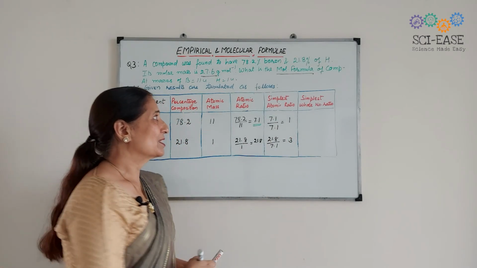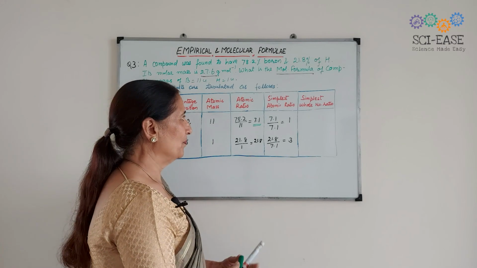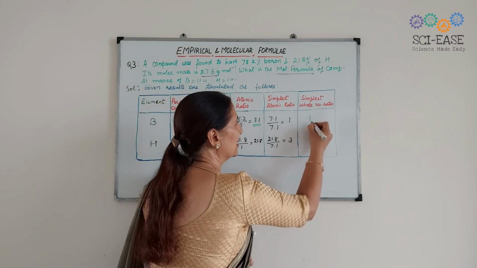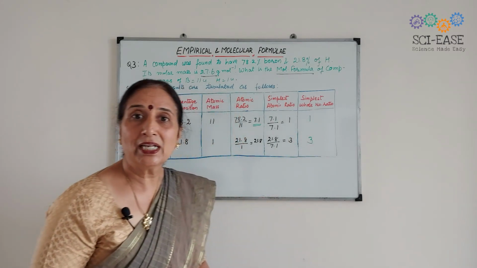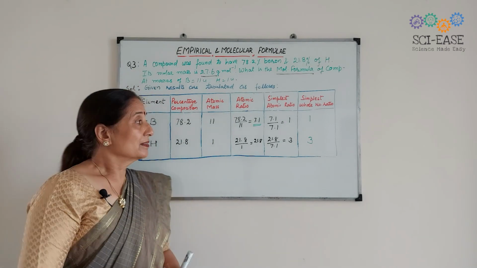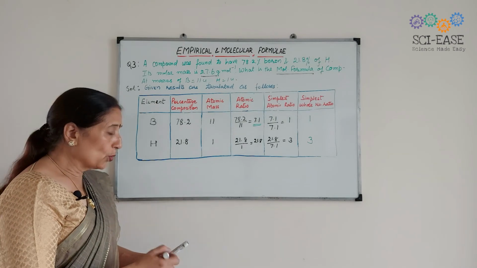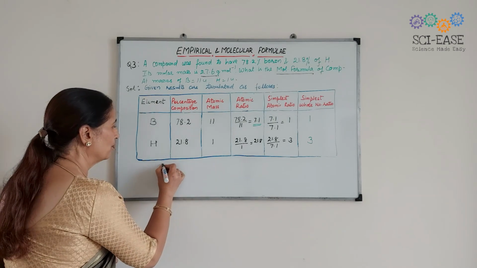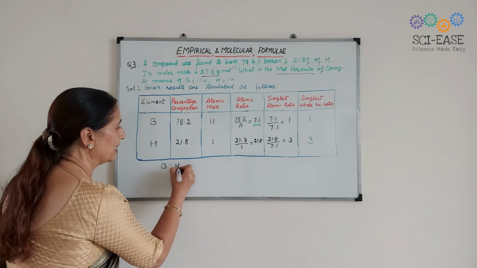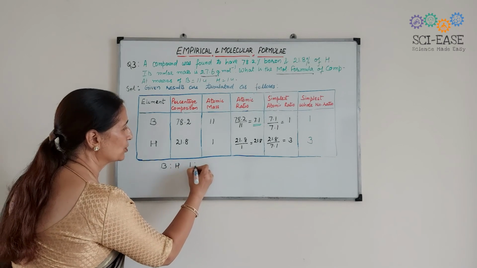So the simplest whole number ratio, that is 1 and 3. From this we will calculate the empirical formula. So boron and hydrogen, they are in the ratio of 1:3.